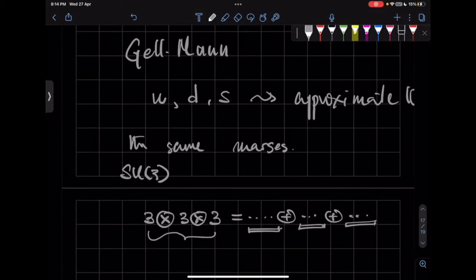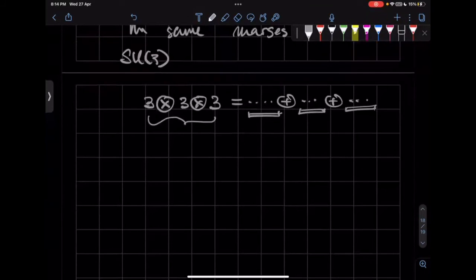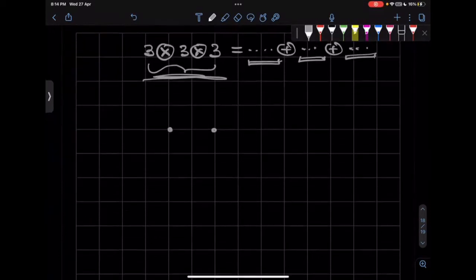And Gell-Mann conjectured that if there are three quarks, up, down, and strange, this is now called flavor symmetry. Then by doing group theory he found the 8 representation. Well, this is actually not the adjoint because it's got 3. It's 8-dimensional, but it's not the adjoint. So this is called an octet. The octet looks like a perfect hexagon.